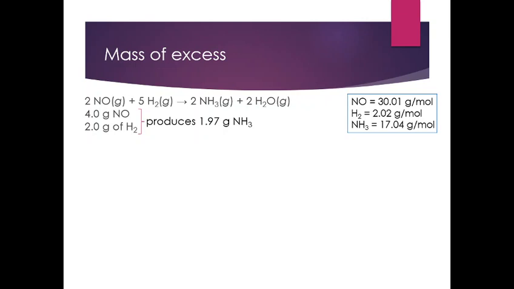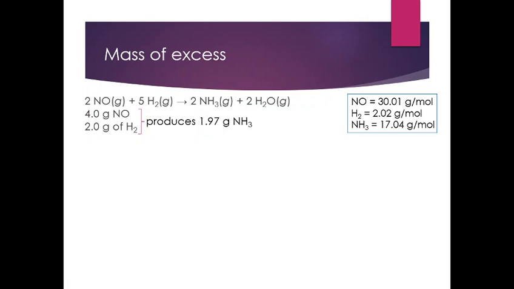In this one, because we have NH3 as a product and H2O as a product, you can technically convert your NO into H2O and your H2 into H2O if you wanted to, but it'd be pointless, because I'm telling you information about NH3. So let's just use that one.